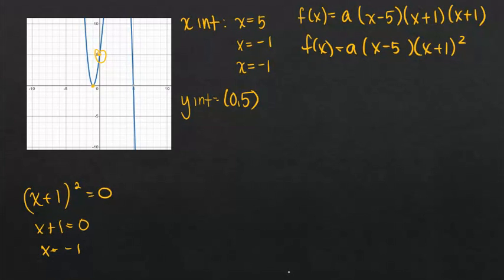But that would really mean that the graph kind of looks like this. And it doesn't do that, right? It flips and it turns back up. And so that is why you need to make sure that you account for it 2 times.